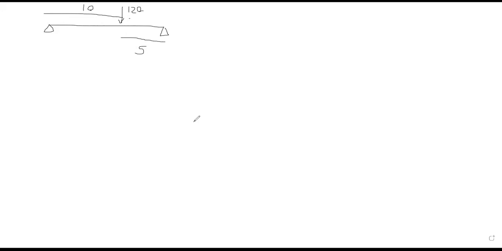Okay. So yes, you can calculate the bending moment diagram. I'm not wasting the time to draw it, right? So it would look like this. Right? So your maximum bending moment will be around 400, right? 400.